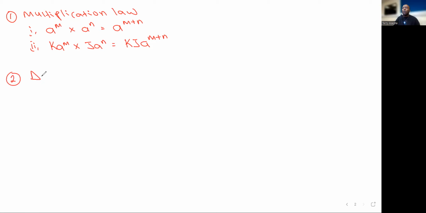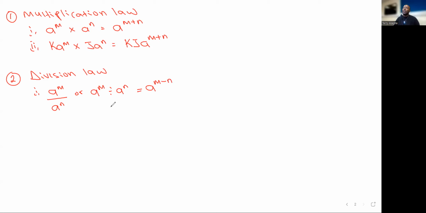Number 2, we're going to talk about the division law. So how do you divide indices? The first one is a raised to power m divided by a raised to power n. Some textbooks will write it like this, a raised to power m divided by a raised to power n, still the same thing. What will happen is it's going to give you a raised to power m minus n.